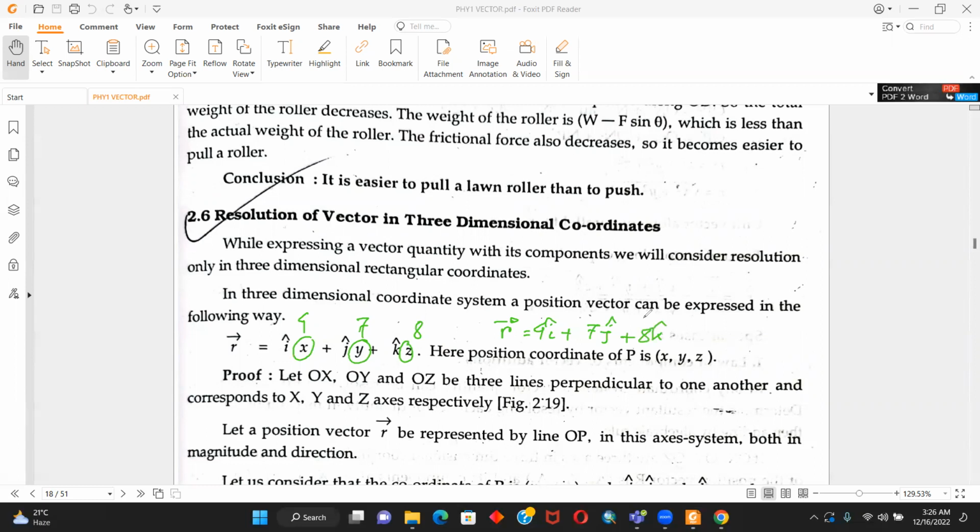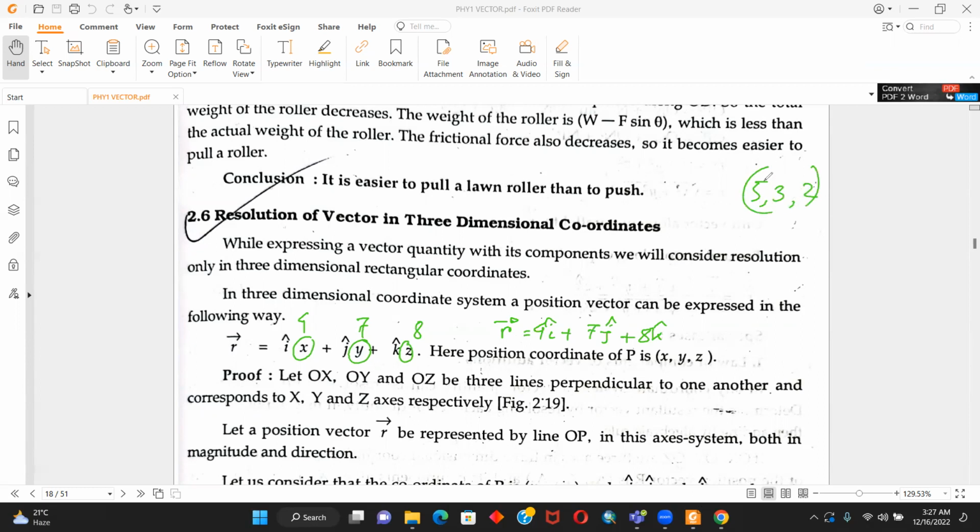So based on the coordinates, we will be able to figure out the position vector of an object. It could be an object or a thing, anything. Say for instance, a flying insect, its coordinates could be presented as 5, 3, and 2.